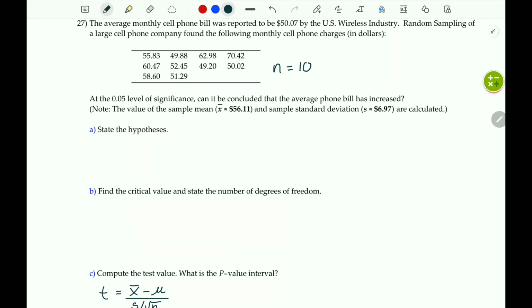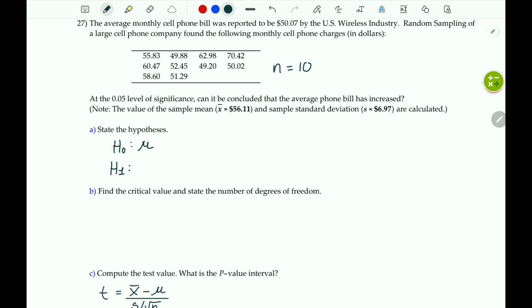A, let's state the hypotheses, the null and the alternative hypotheses. Now, the null hypothesis states that there is no difference between a parameter and a specific value that represents the parameter. Because we're focusing on averages in this case, the parameter that we're going to use is mu.